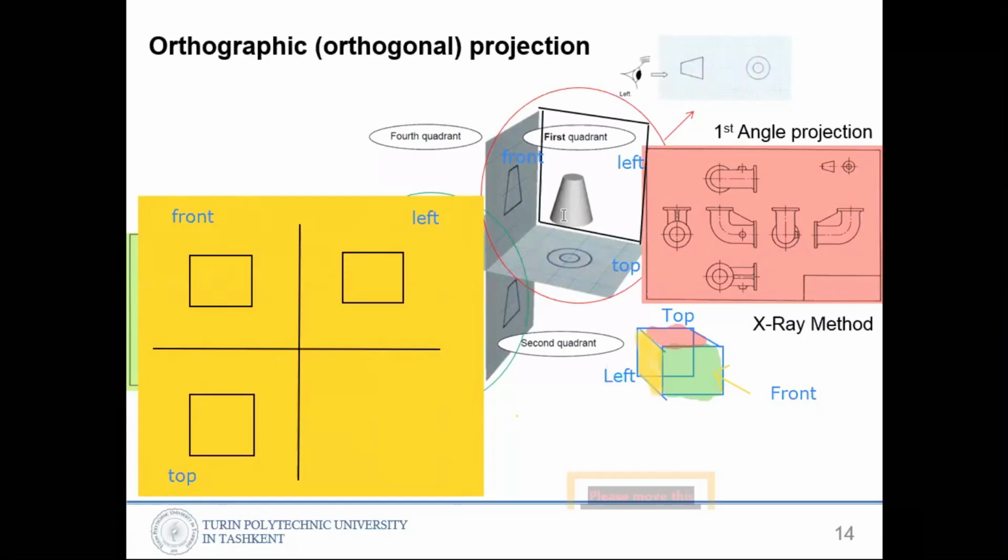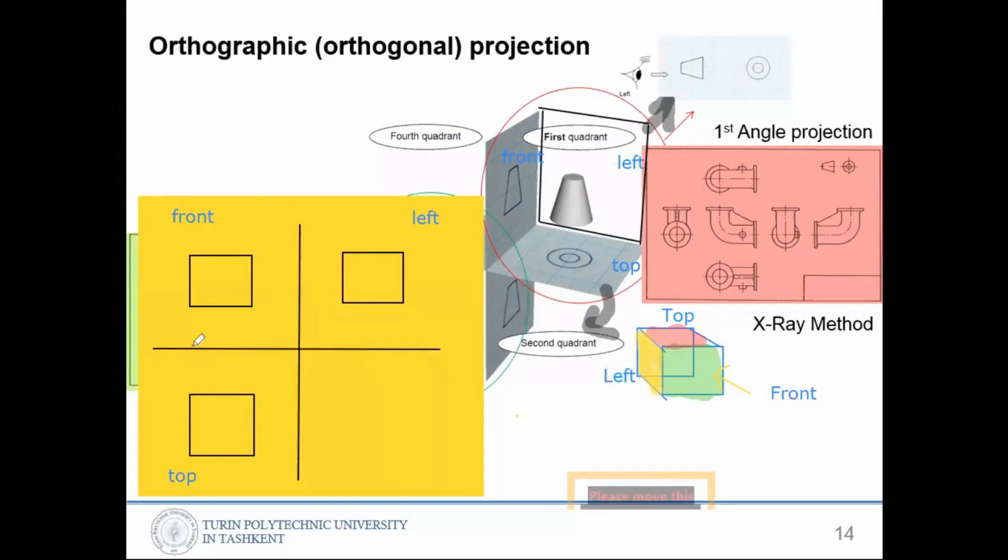So what you see from the left hand side of the part appears on the right hand side of the front. Okay, so you open this top plane down like this, and open this one to the side. This one you leave, the front view should be left like this.